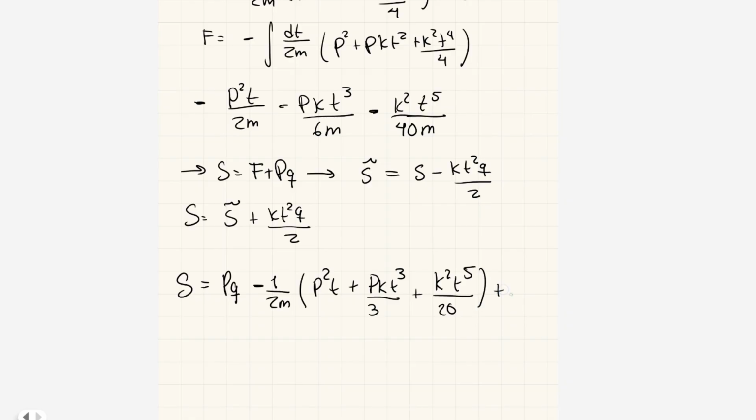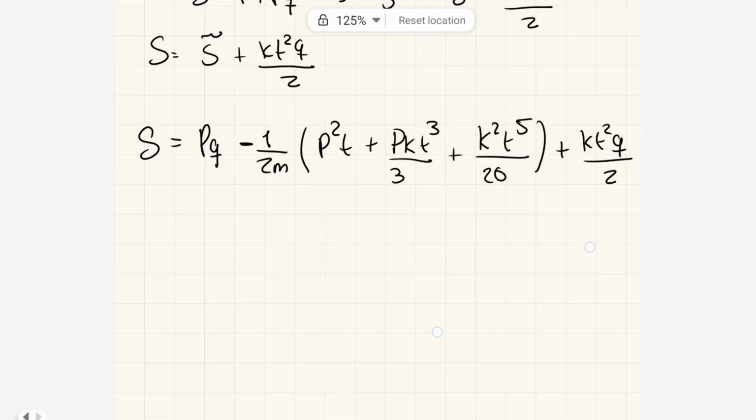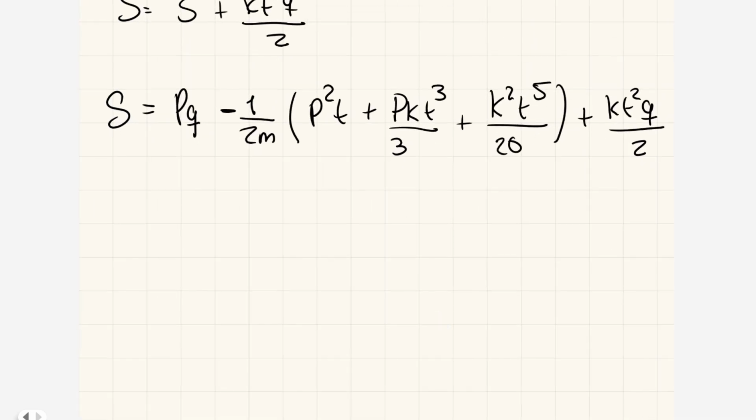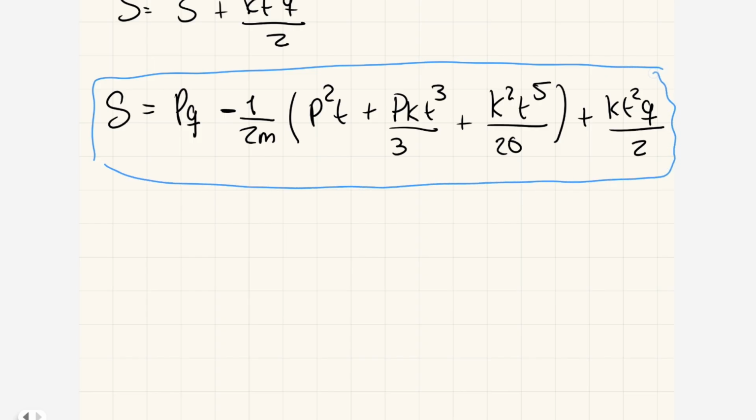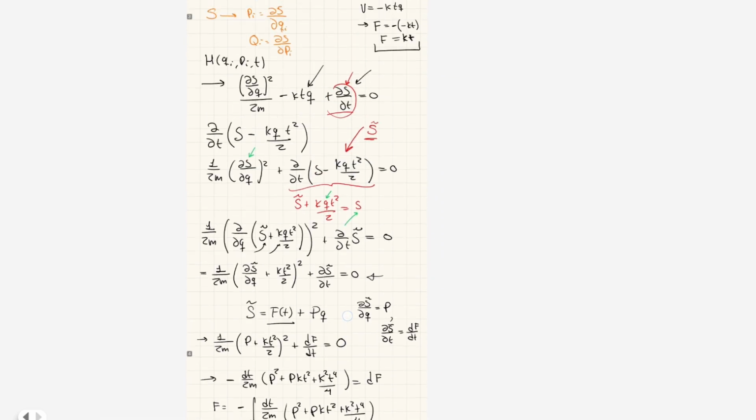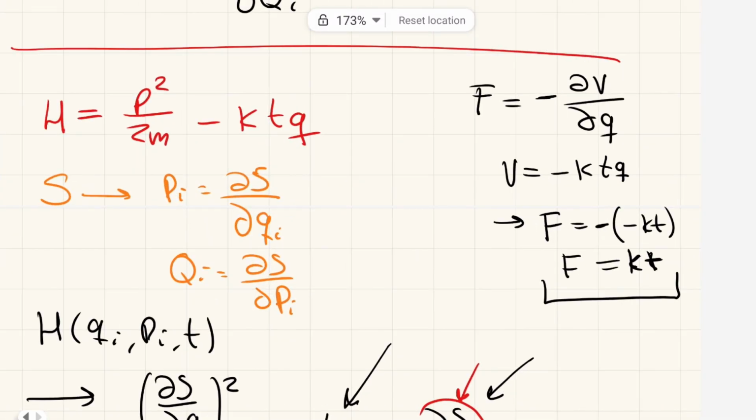And then we sum kt squared Q divided by 2. Okay, perfect. So with this we have found a function S that is the solution of the Hamilton-Jacobi equation corresponding to this Hamiltonian over here.